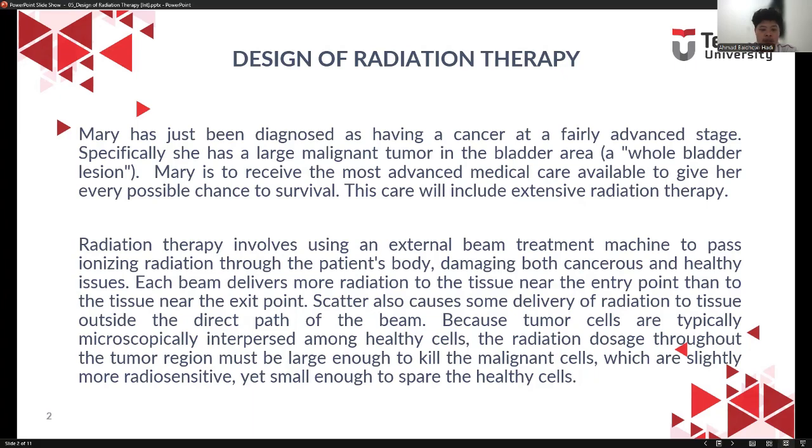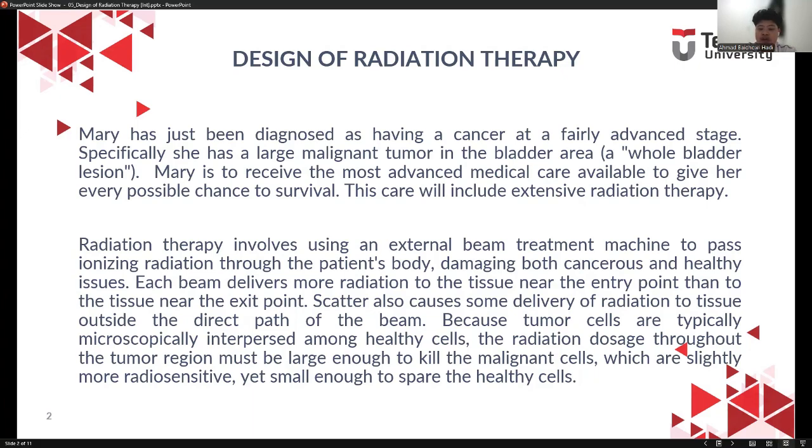Radiation therapy involves using an external beam treatment machine to pass ionizing radiation through the patient's body, damaging both cancerous and healthy tissue. Each beam delivers more radiation to the tissue near the entry point than to the tissue near the exit point.